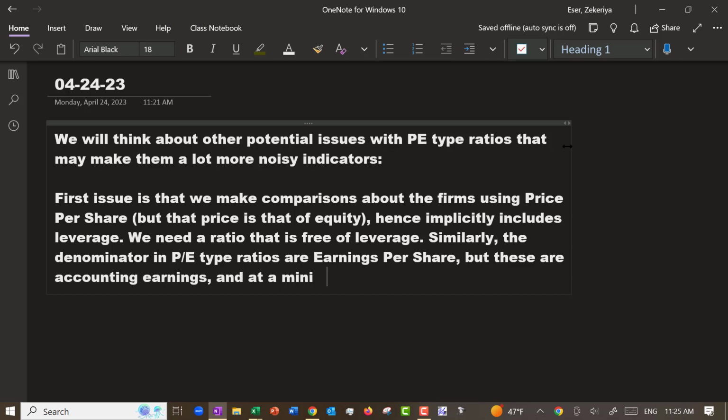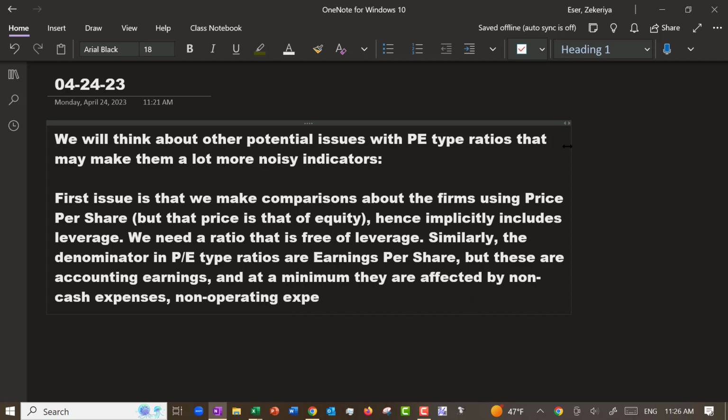And at a minimum, they are affected by non-cash expenses, non-operating expenses, and different tax treatments.